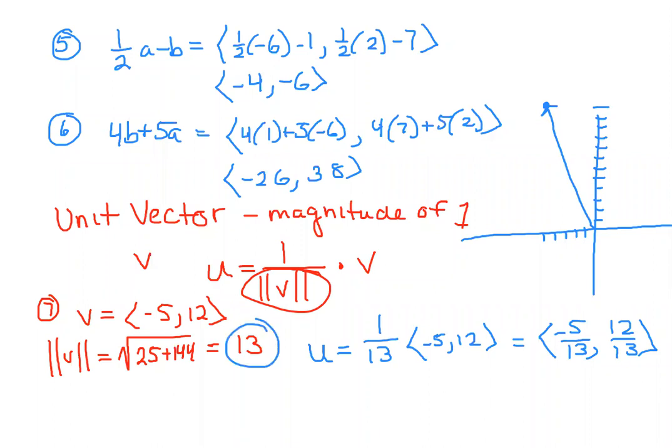We found it right there. If we wanted to write a vector in this very same direction that is only 1, then the point that we would use right here is (-5/13, 12/13). A vector that is exactly the same direction and everything, but only has a magnitude of 1.